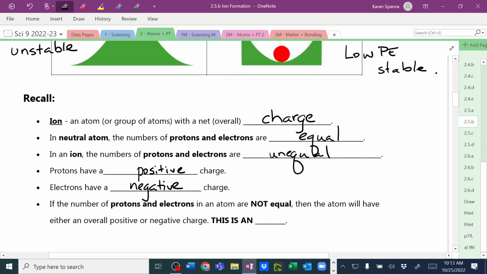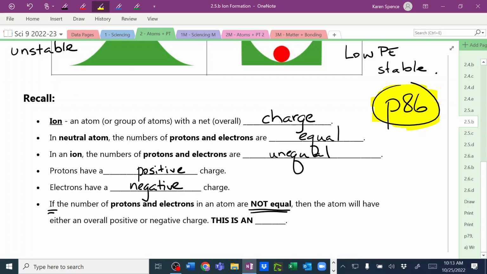And if the number of protons and electrons in an atom is not equal, then the atom will have either an overall positive or a negative charge. Okay, and if we have an overall positive or negative charge, what do we call this? This is an ion.